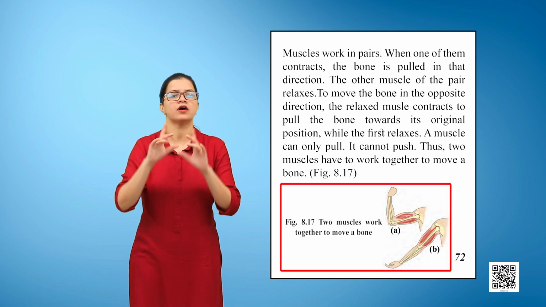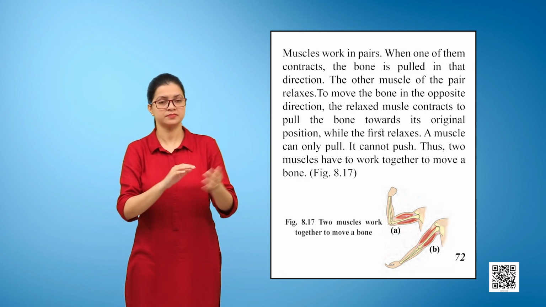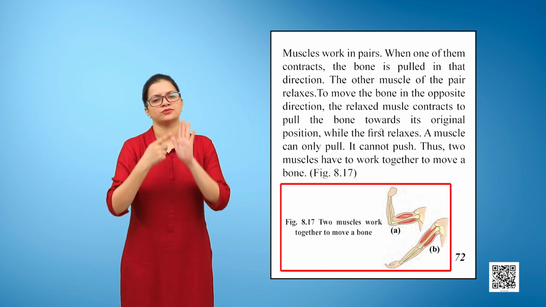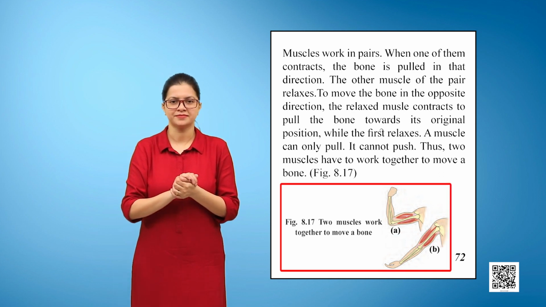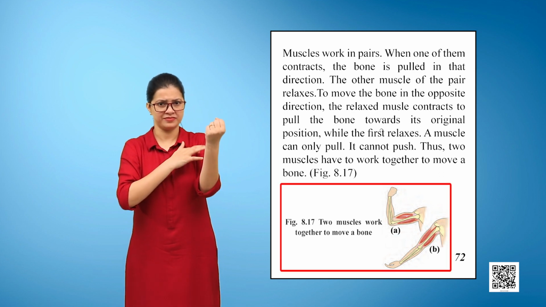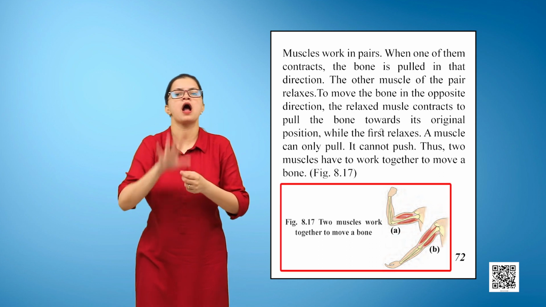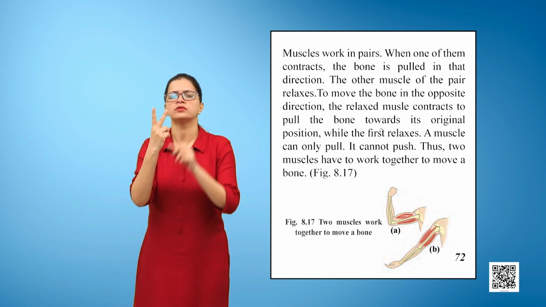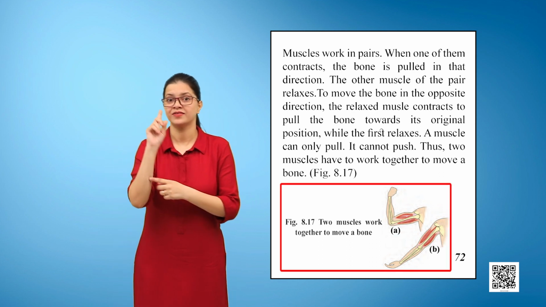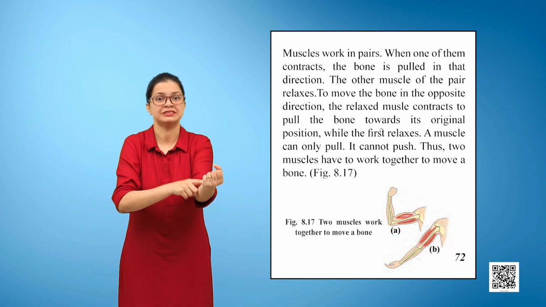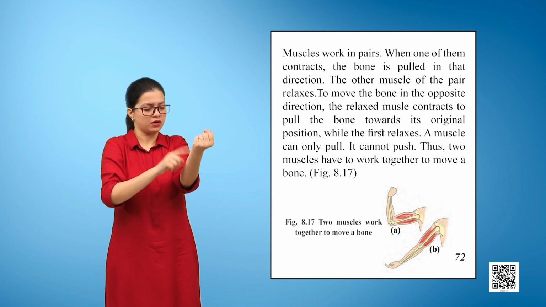Figure 8.17 shows two muscles work together to move a bone. Figure A, Figure B. Muscles work in pairs. When one of them contracts, the bone is pulled in that direction.